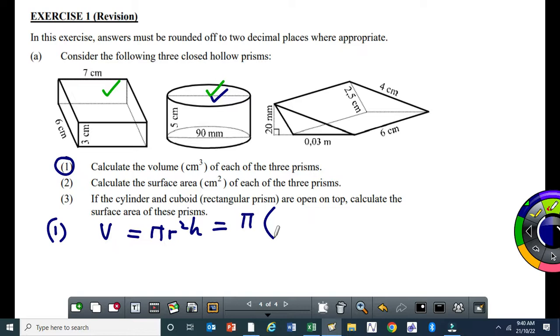So we have to convert the diameter into centimeters first. By dividing 90 by 10, you get what? 9. What is half of 9? 4,5. So this will be 4,5 squared. Right? Then our height is 5. If you use the calculator to do decimal places, what will be the volume?